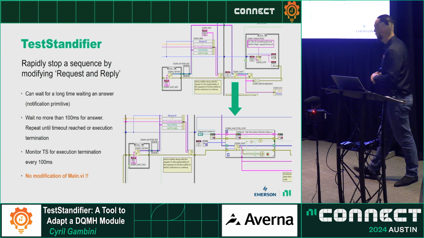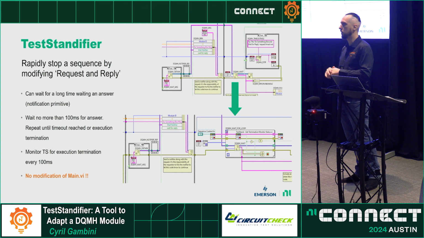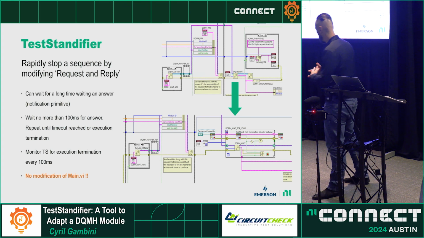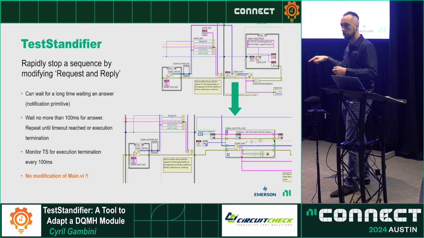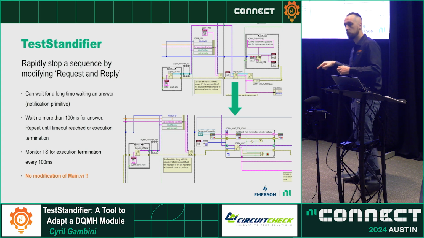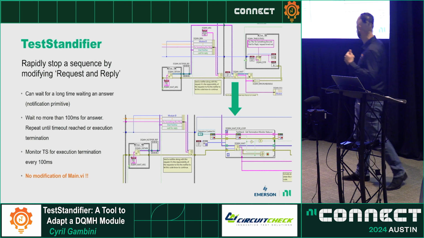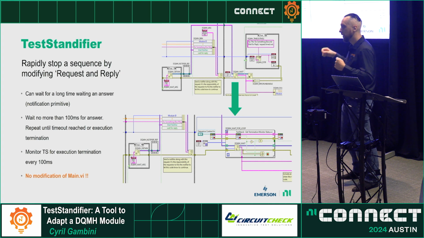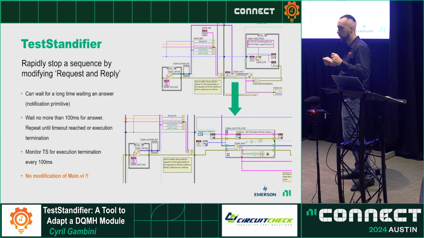If you look at the TestStand and DQMH examples that are already shipped with your DQMH module, they do exactly the same thing, but inside the main VI. So in the examples, the monitoring of the termination is done in the main VI. Each time you've got an MHL case, they were also monitoring the execution of TestStand.